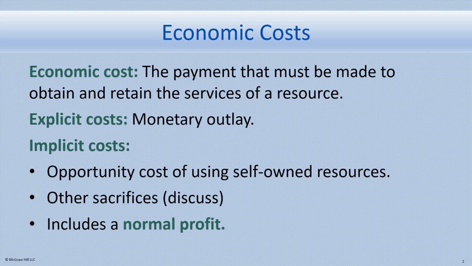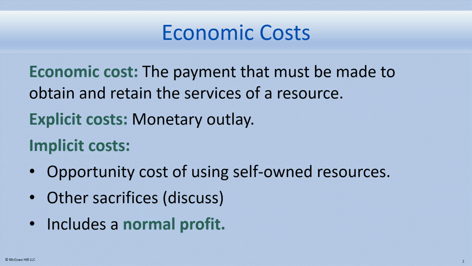But there are also implicit costs. These are things that we overlook from time to time or don't fully appreciate. This involves the opportunity cost that we've looked at before, certainly of using self-owned resources. We're revisiting a topic in that economists have a broader view of what profit is and what costs are.